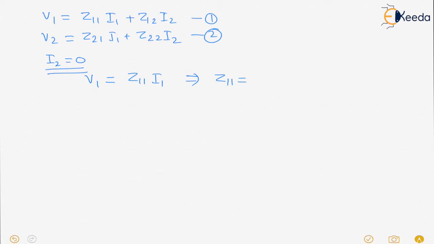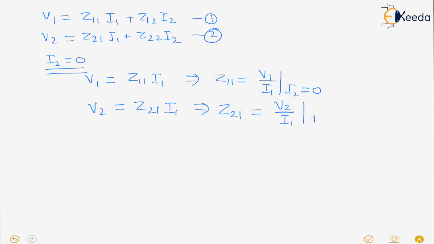It means Z11 is equal to V1 upon I1 if I2 is equal to 0. And the second equation can be written as V2 is equal to Z21 I1. From here we can say Z21 is equal to V2 upon I1 when I2 is equal to 0.